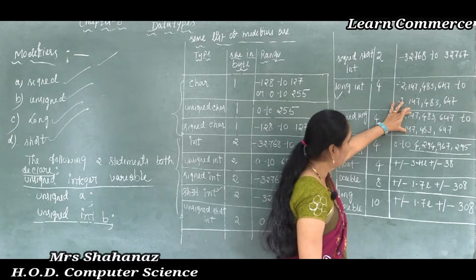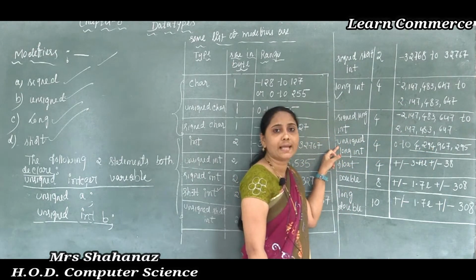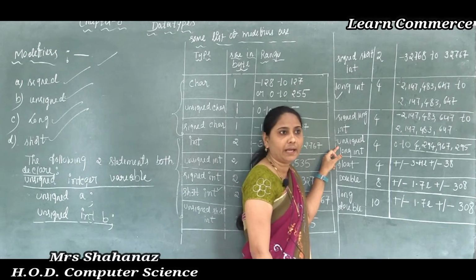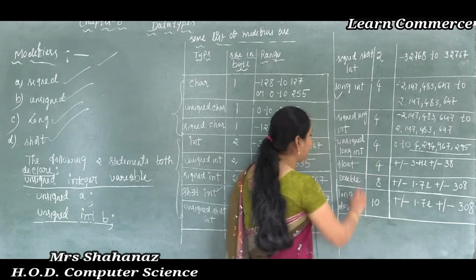So when you add these two, we get the answer for the unsigned long int, and we know the size is 4 bytes.